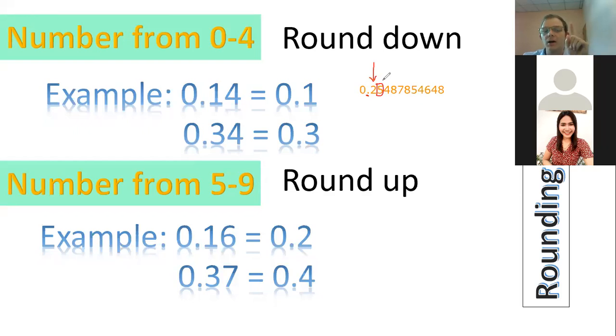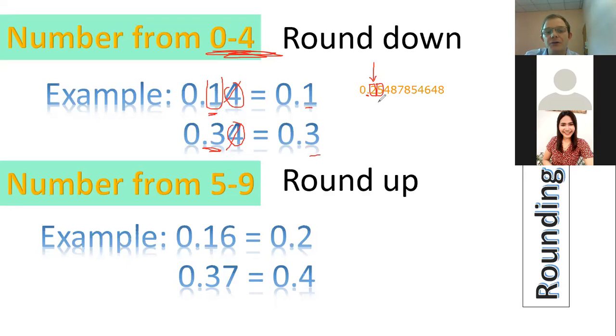So when numbers go from 0 to 4, the first number will stay the same, like it did here, because we round down, which means this 4 becomes a 0 and falls away, and the 3 stays the same.